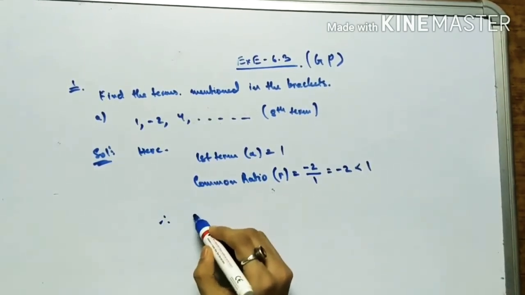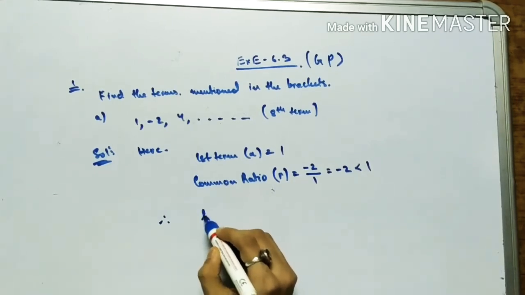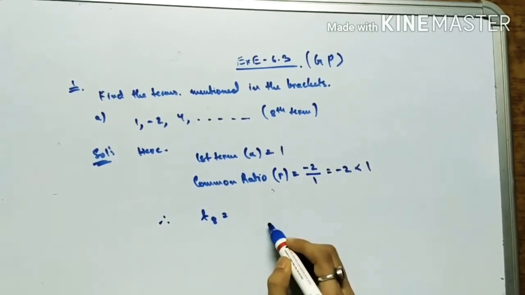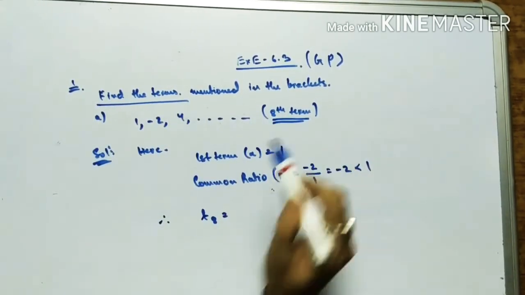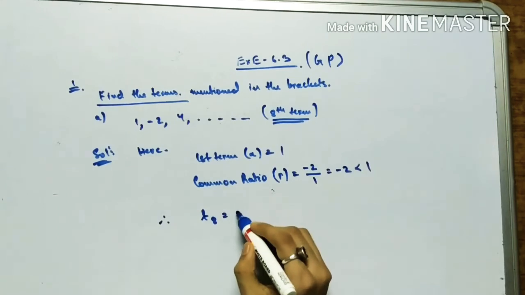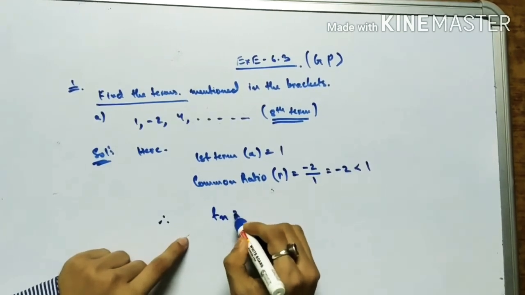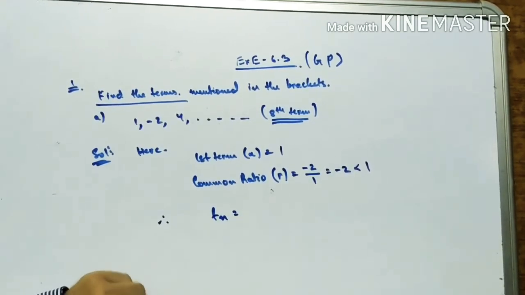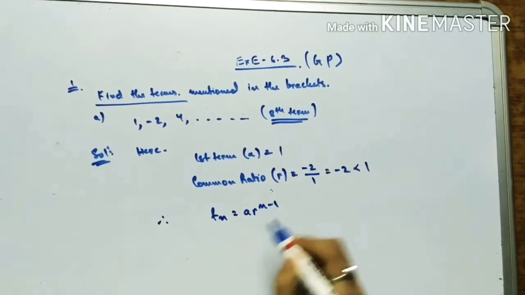So therefore T8, the 8th term. I have to find the 8th term. Let me first write the formula. Tn is equal to the nth term, Tn is equal to A R to the power n minus 1.